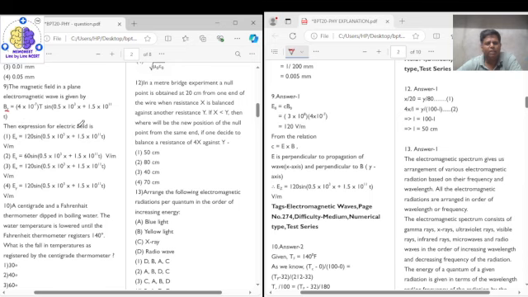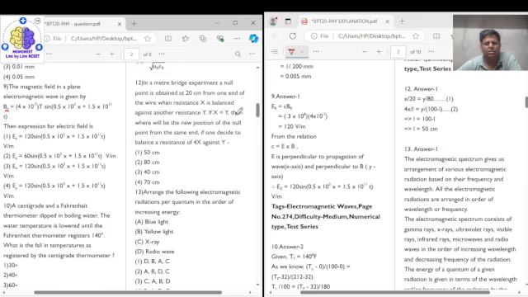Then the expression for the electric field is, now if the magnetic field is in the y direction, then the electric field has to be perpendicular to it, either along x or z.